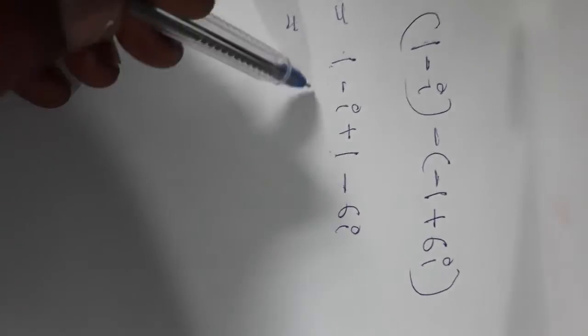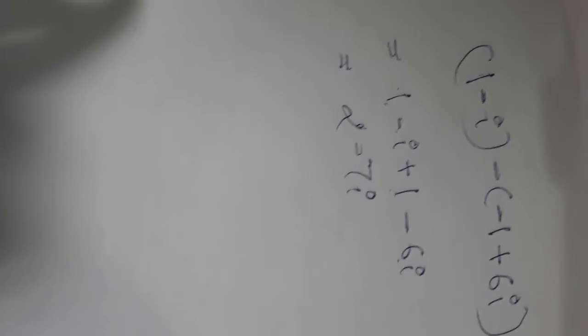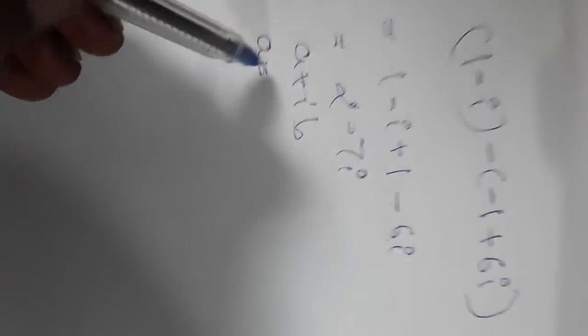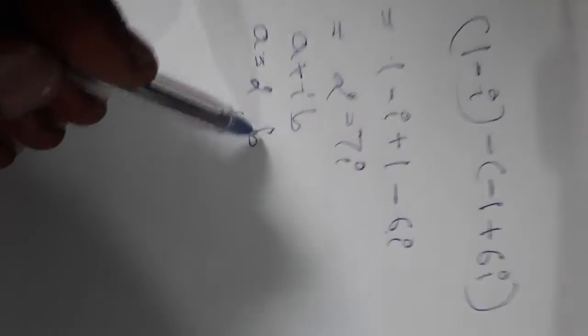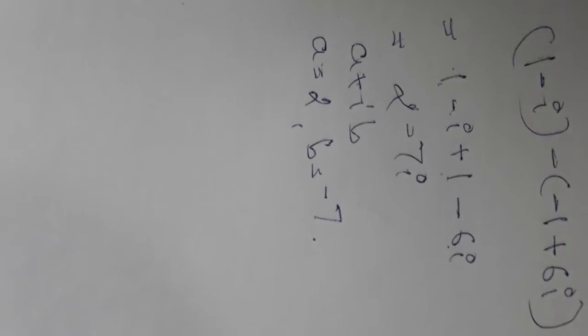So 1 plus 1 is 2, minus i minus 6i is minus 7i. So if I compare it with a plus ib, here the value of a is 2 and the value of b is minus 7.